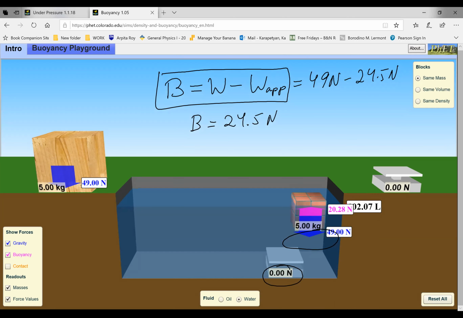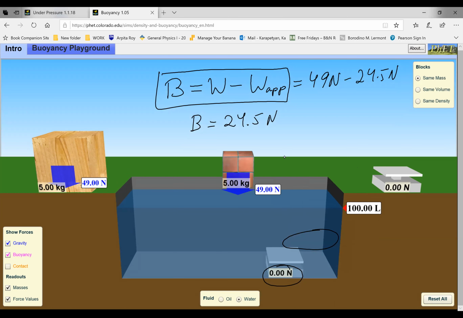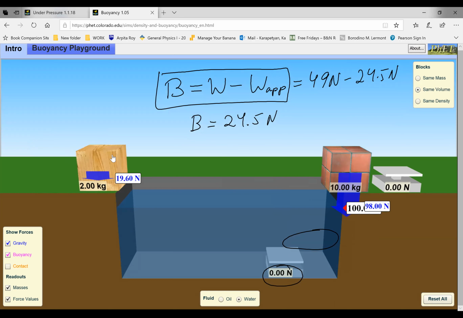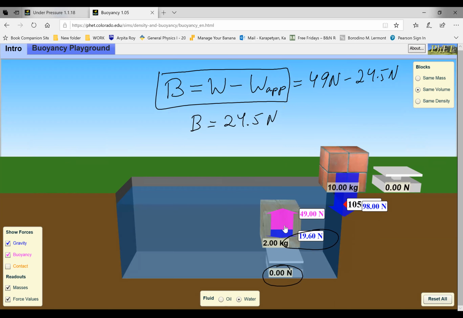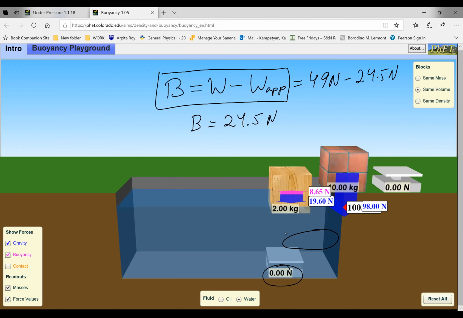The same thing I can do for the second block. Let's say it's 2 kilograms, for example. I put it here. It's 19.6. That means actual weight is 19.6. Put it here on the scale.